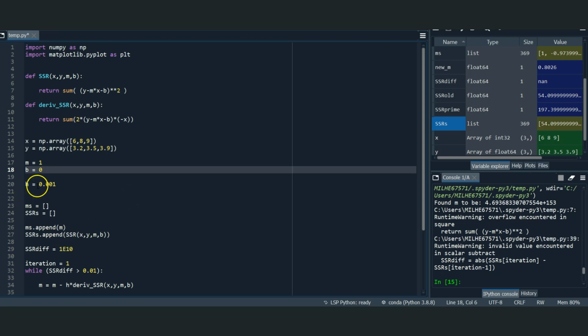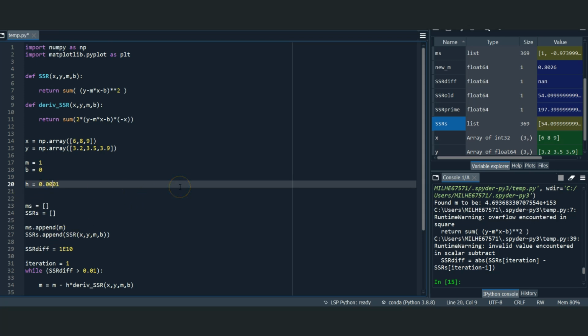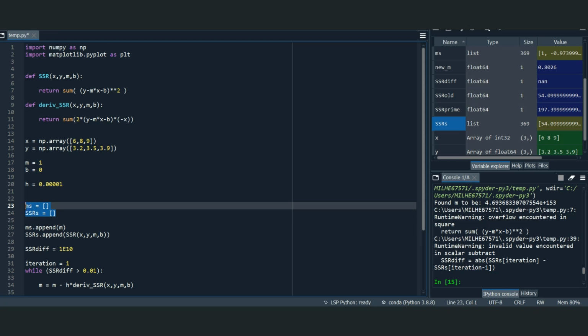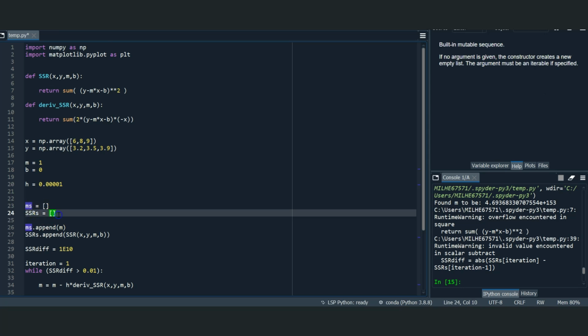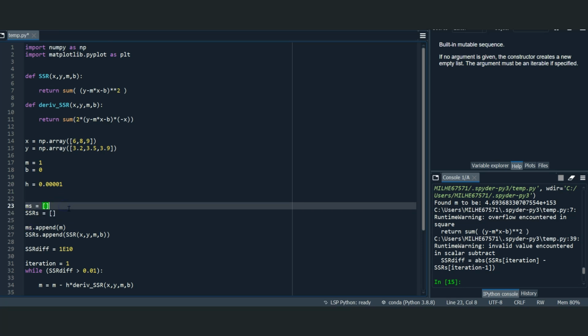Okay, so the next thing we want to do is define our step size, and I am going to define this to maybe 5 decimal places. I want to get a pretty exact estimate of that slope here. Down here, I'm going to keep track of the slopes, so the m's, that's what I'm referring to as the m's vector, and the SSR's vector, list actually.